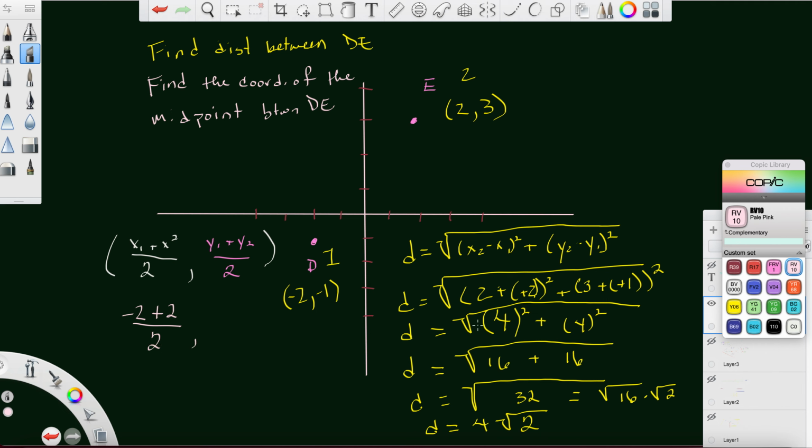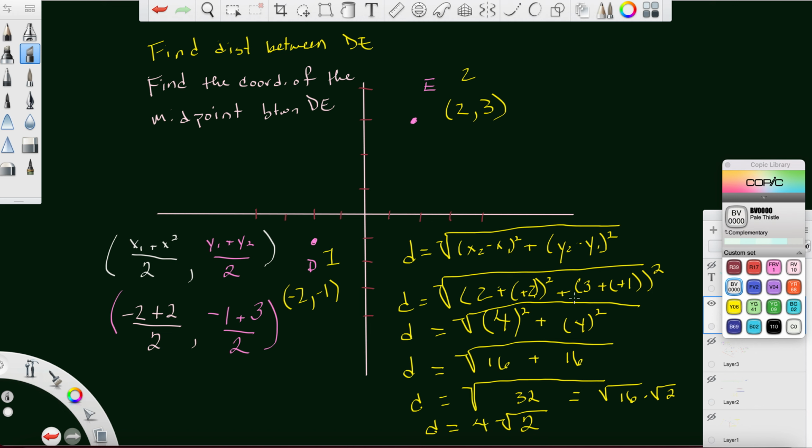Look at how easy that's going to be. And then y1 is negative 1 plus y2, which is 3. There's my 3. And divide that by 2. Okay? And now we're going to see that when we do this math, we're going to have the midpoint.